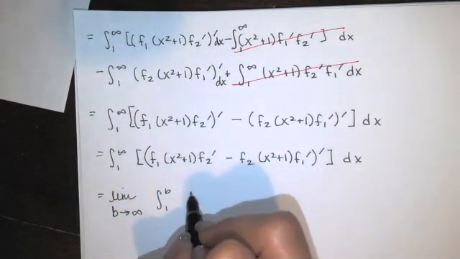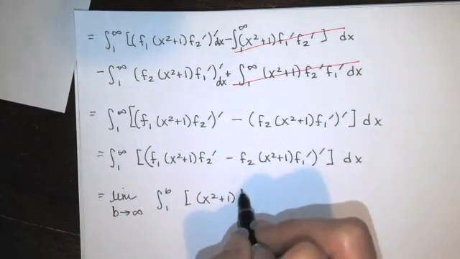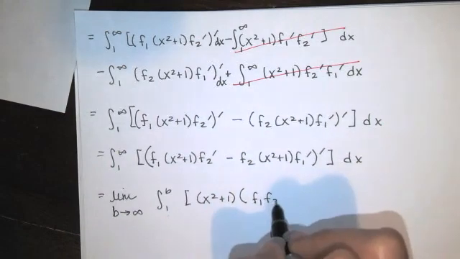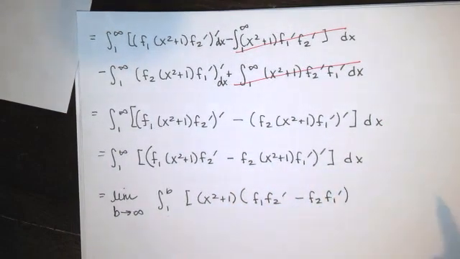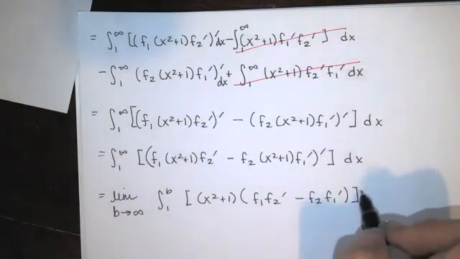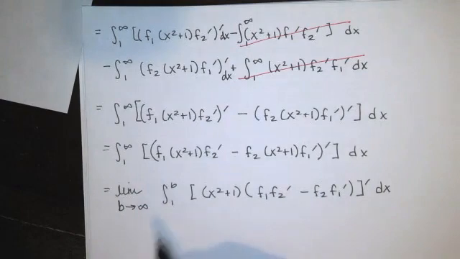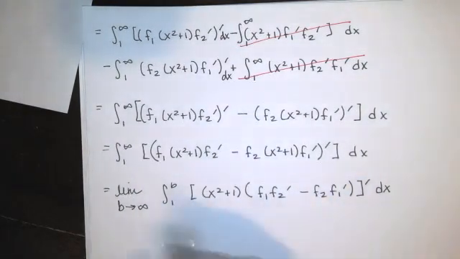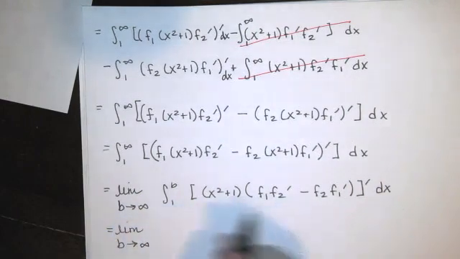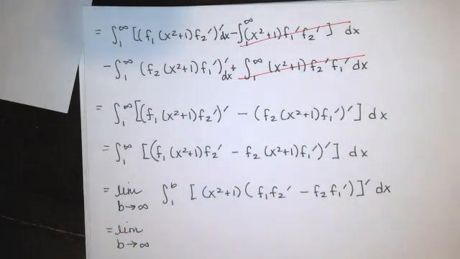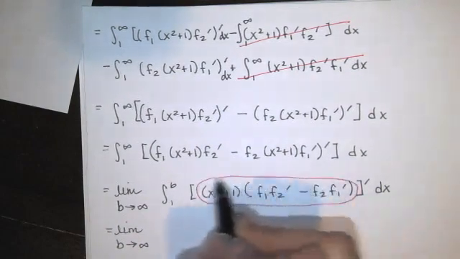And I think I'm going to factor out that x squared plus 1 as well. We've got x squared plus 1 times f1 times f2 prime minus f2 times f sub 1 prime, the derivative of that. And the antiderivative of the derivative is just the function itself. So when I anti-differentiate this, I'm just going to get that.